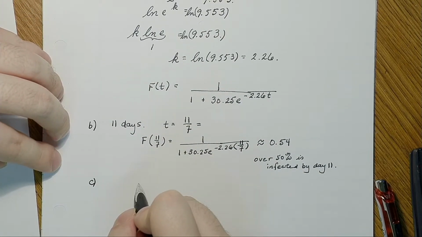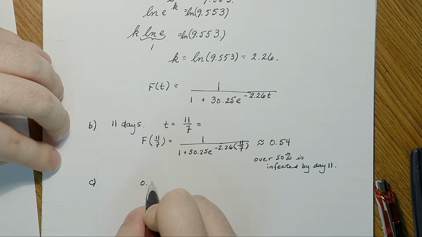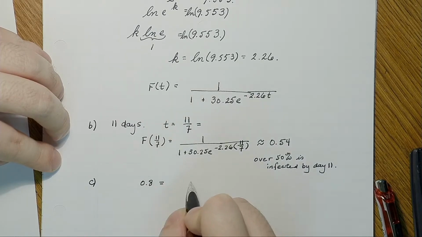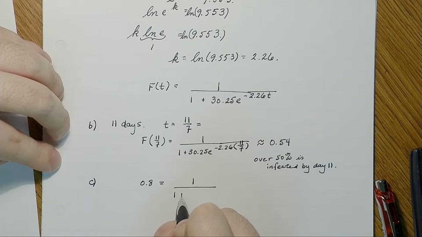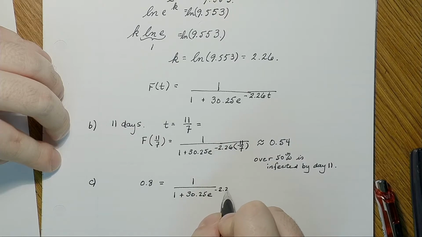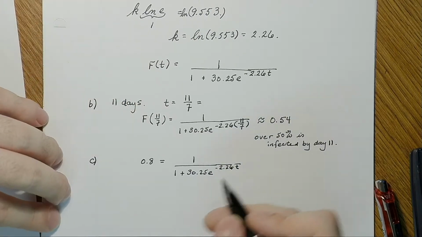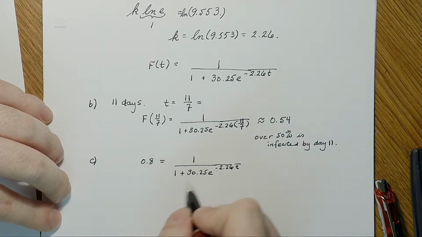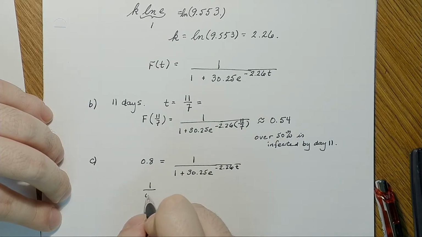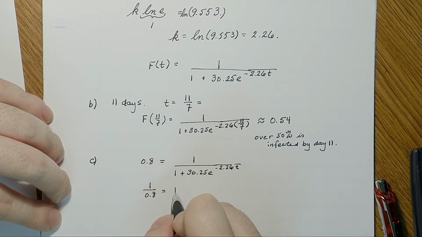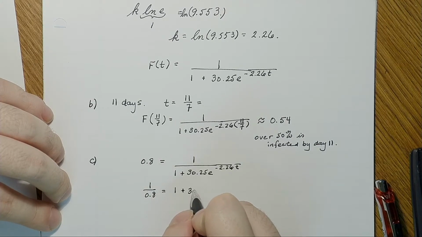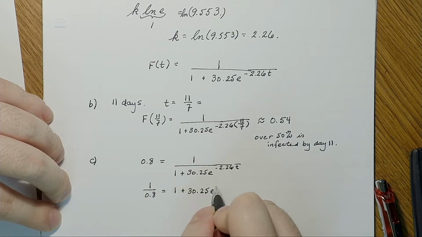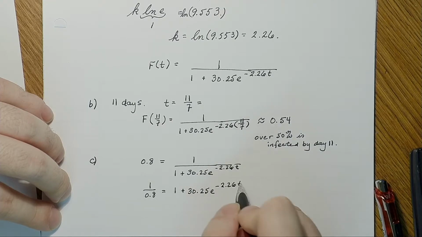So we'll start out with the fraction, which is 80% of 1 over 1 plus 30.25 e to the minus 2.26 t, and we solve for t. So I'll flip this. So I get 1 over 0.8 is equal to 1 plus 30.25 e to the minus 2.26 t.